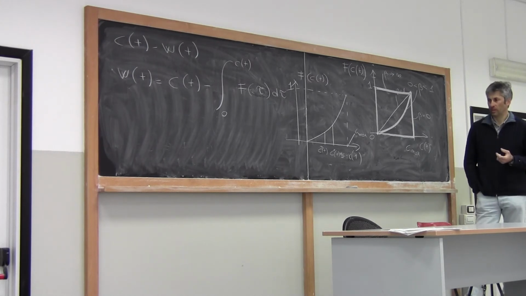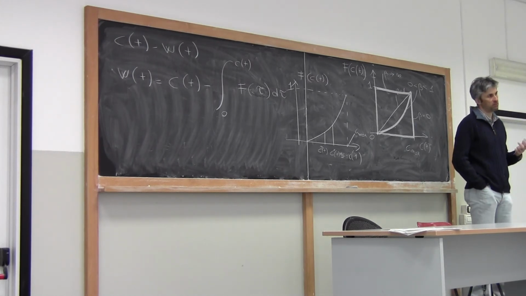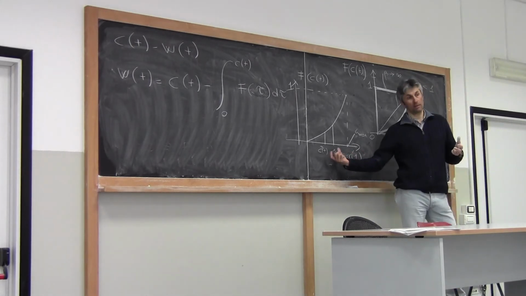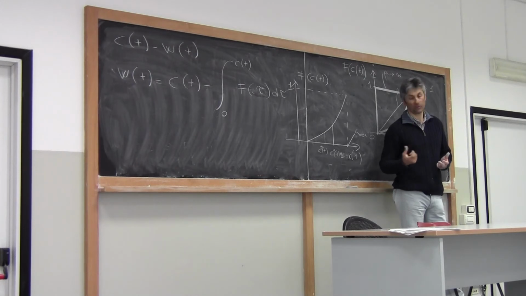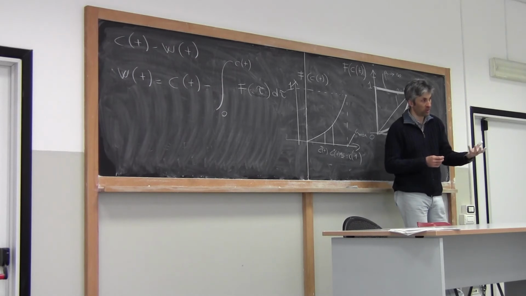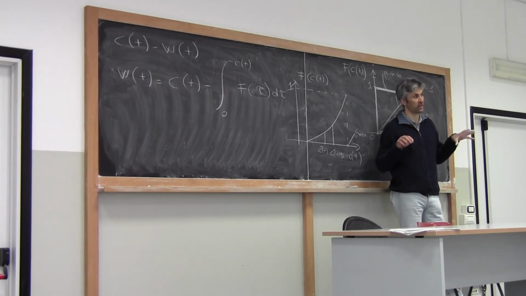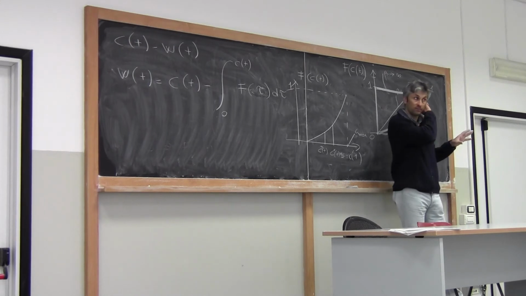This increment of C means that it rained something over the catchment. Of course the increment is given by the amount of rain minus evapotranspiration. But if I have an increment, it means that effectively I have net rainfall falling over the catchment. Part of this net rainfall, of course, is infiltrated, because it falls over unsaturated areas. But part of this rainfall is rejected because it falls over saturated area.